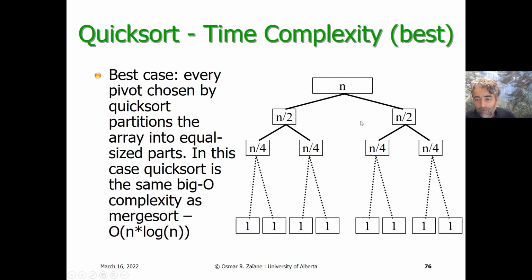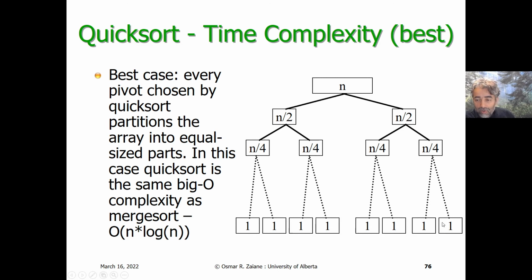N will divide by 2, and this one will divide by 2, and again by 2, until I have 1, 1, 1, 1, 1, 1. So what is the depth of this tree? Remember, as in merge sort and binary search, when we have a tree like that, this is the number of times I divide n by 2, 2, 2, 2, till I reach 1. That's the logarithm base 2 of n. That's the depth, so the depth of this tree is log n.